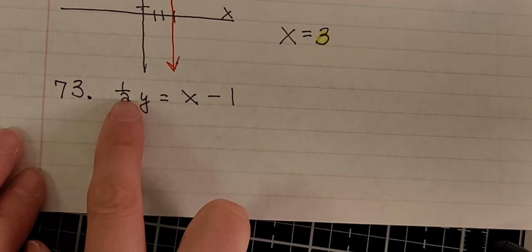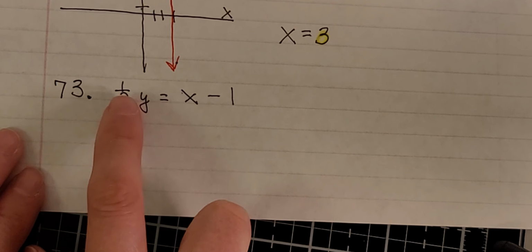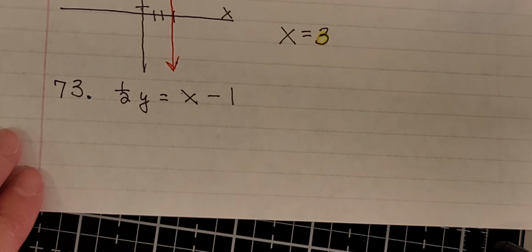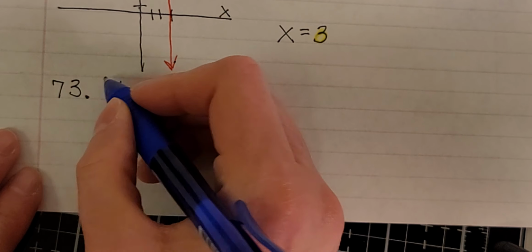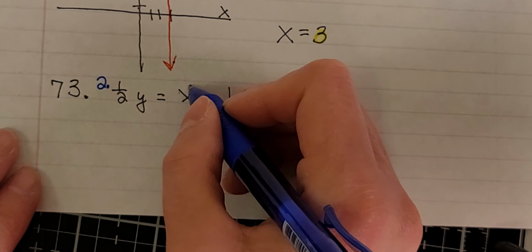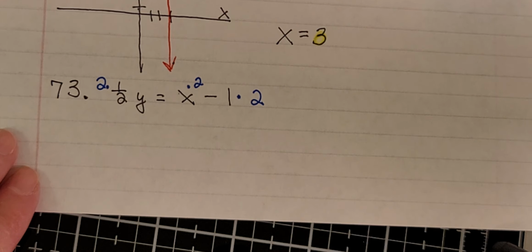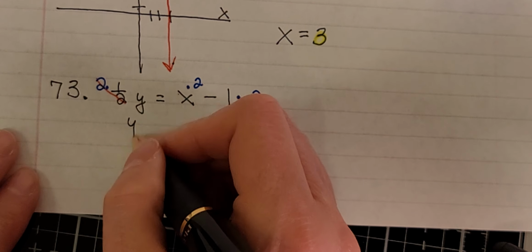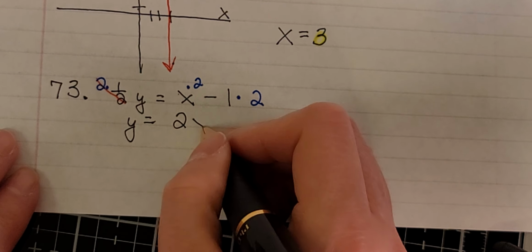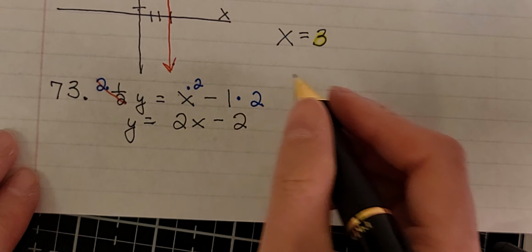So what we have to do is solve for y. So I would get rid of the denominator. So I'm going to multiply every piece by 2. When I do that, these two 2's cancel. So I get y equals 2x minus 2.